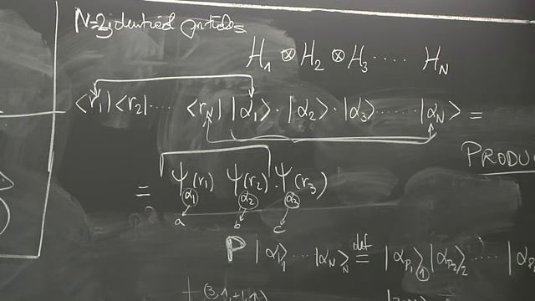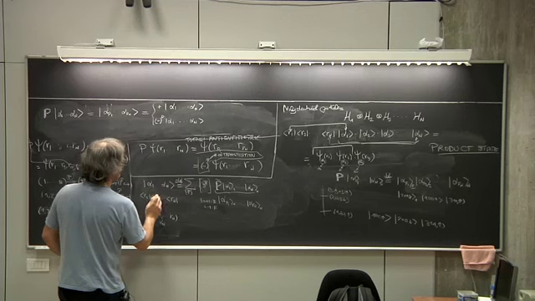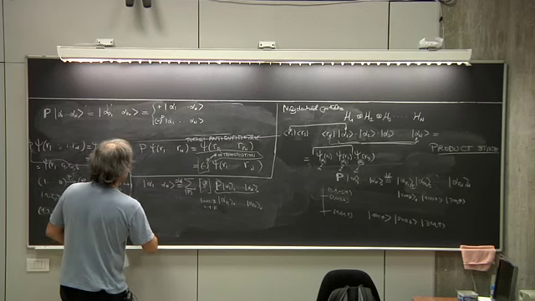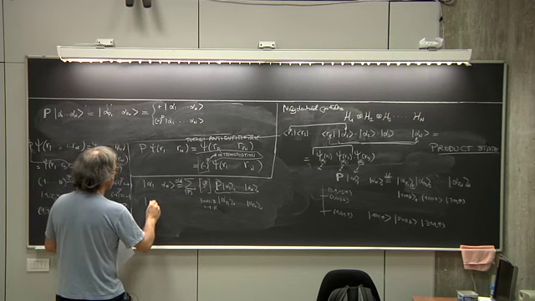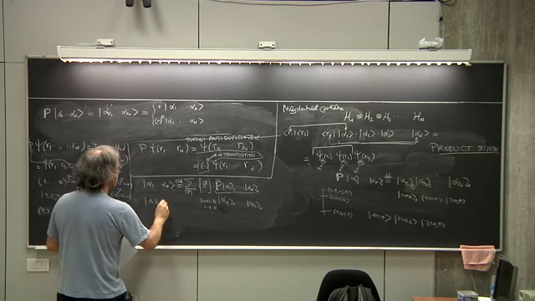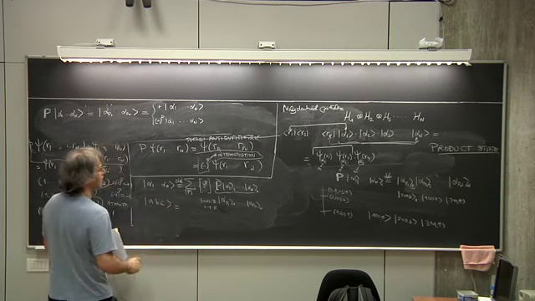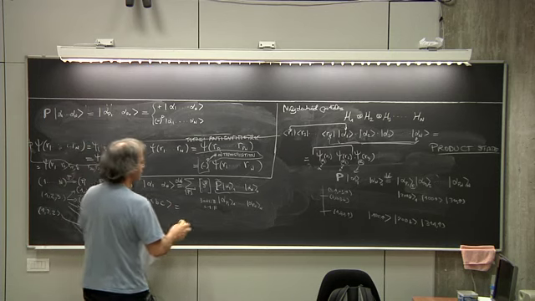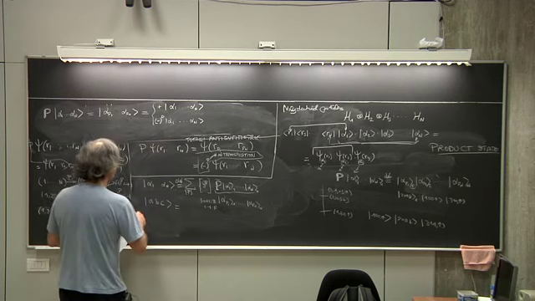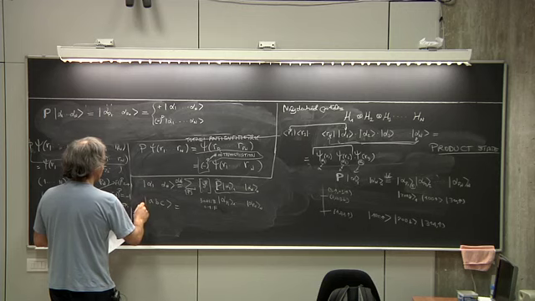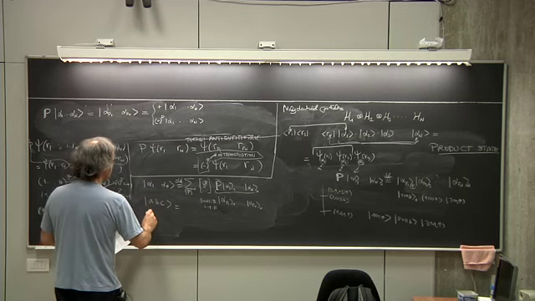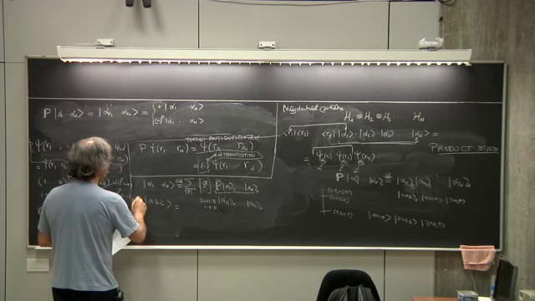Okay? So the equivalent would be here. Let's see. The state A, B, and C. What will it be? Okay? Well, obviously, a scalar product. So scalar product with R1, R2, and R3.